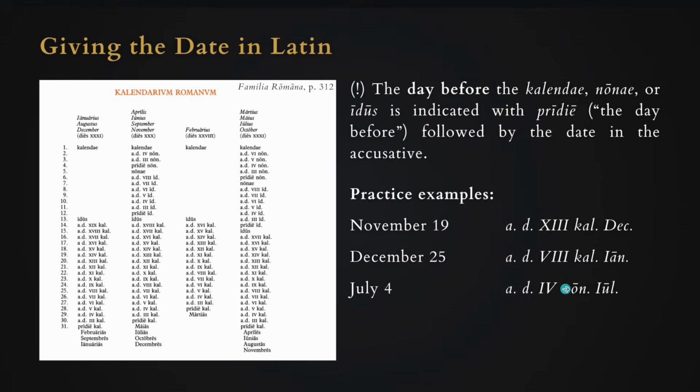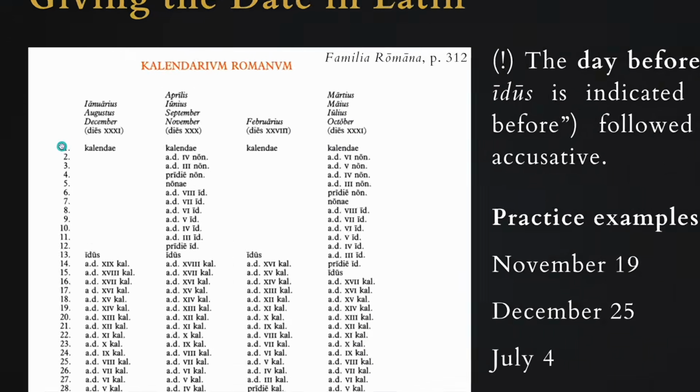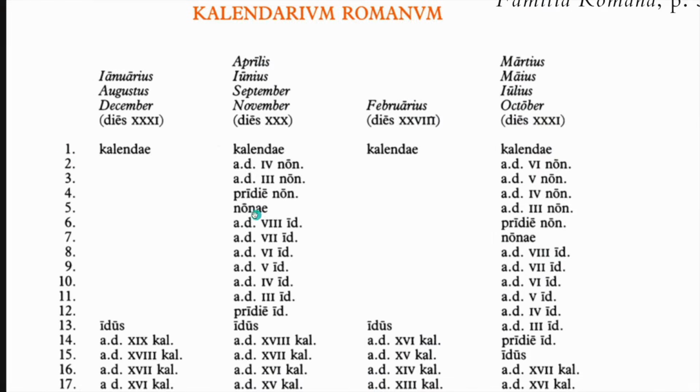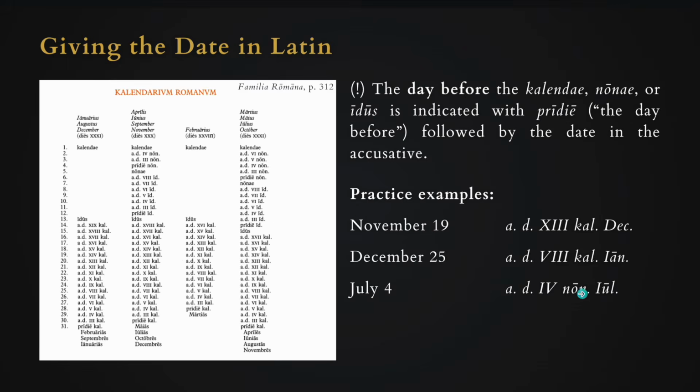And as you can notice, when you deal with dates before the nonae and the idus, that is in this part right here, roughly, again, the first half of the month, the date of reference, either nonae or idus, is going to agree with, or be qualified, let's say, by the adjective of the month in which you are. All right, so don't let that confuse you.